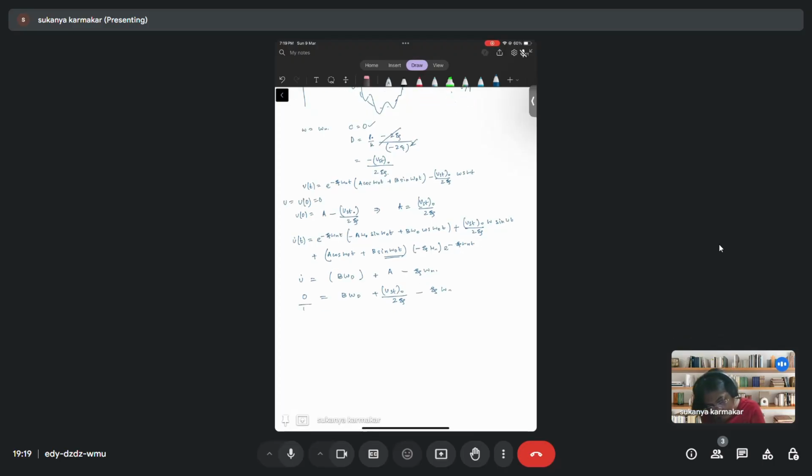So let's divide by omega d throughout. So from here b is equal to omega n by omega d minus ust naught by 2 zeta omega d.